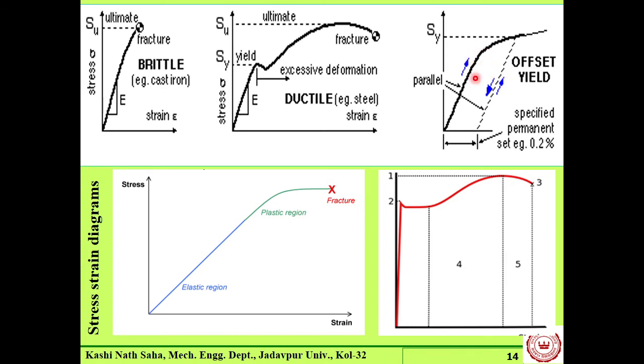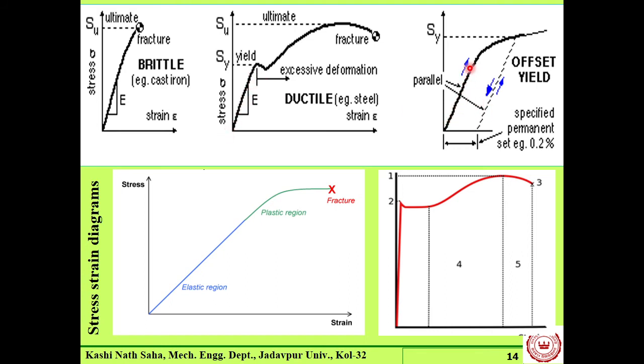So this is our stress strain diagram. This is the experimental stress strain diagram. Now here on the strain axis, we take a value of 0.2%. 0.2% means 0.002. And from that point, we draw a line parallel to the line where our stress strain relation is linear.